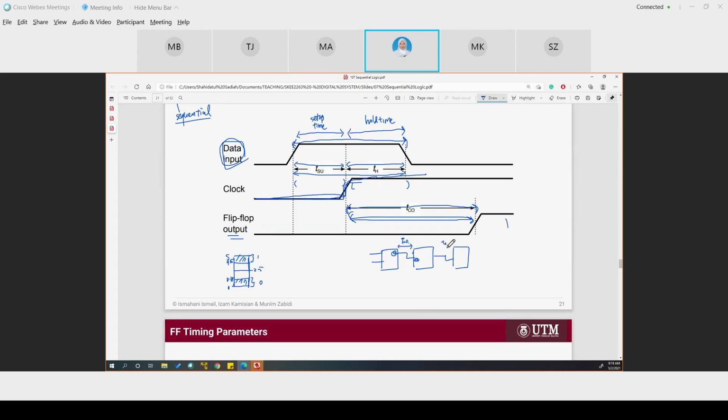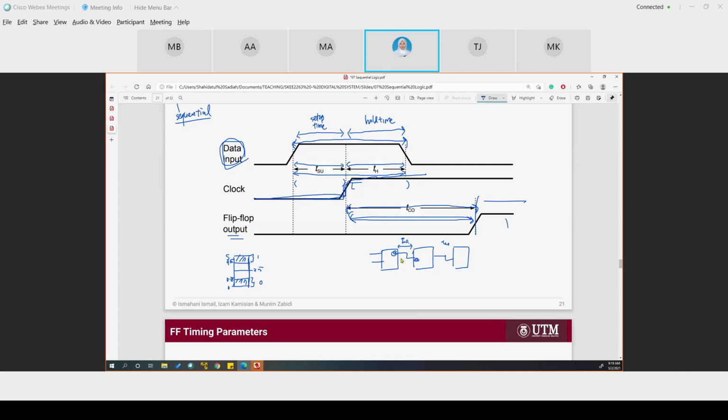What is greater than TCO? After the TCO, it is not guaranteed that the output is valid.